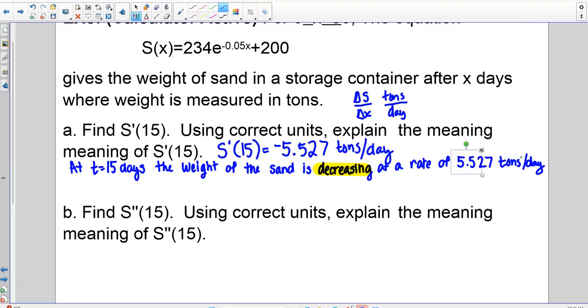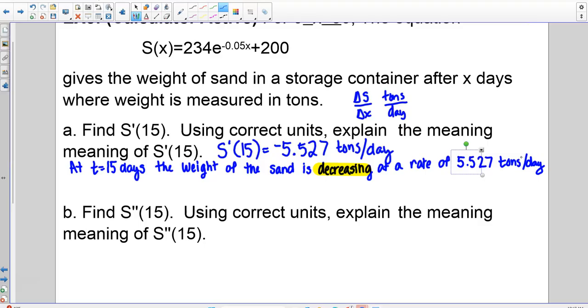If you say that the weight of the sand is decreasing at negative 5.527 tons per day, that is wrong. What you have there is like a double negative. Like when you tell somebody that they're not wrong, you mean that they are actually right. So if you say they're decreasing at a negative rate, that would actually be increasing.